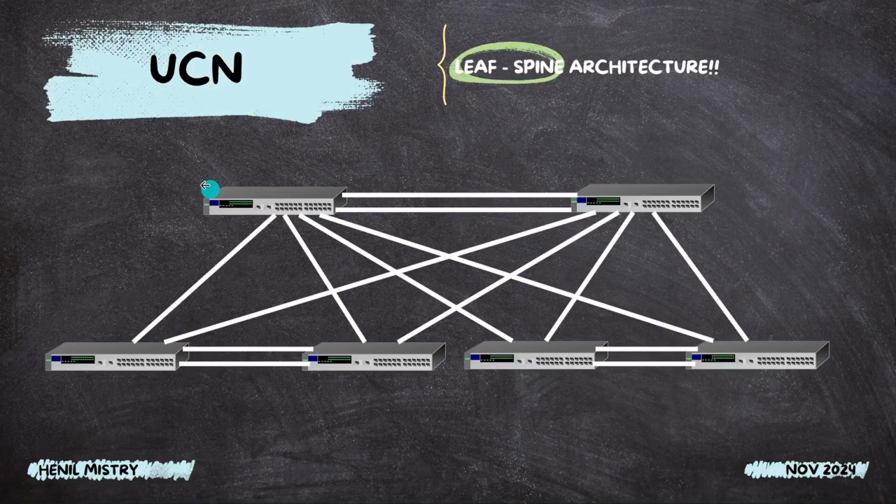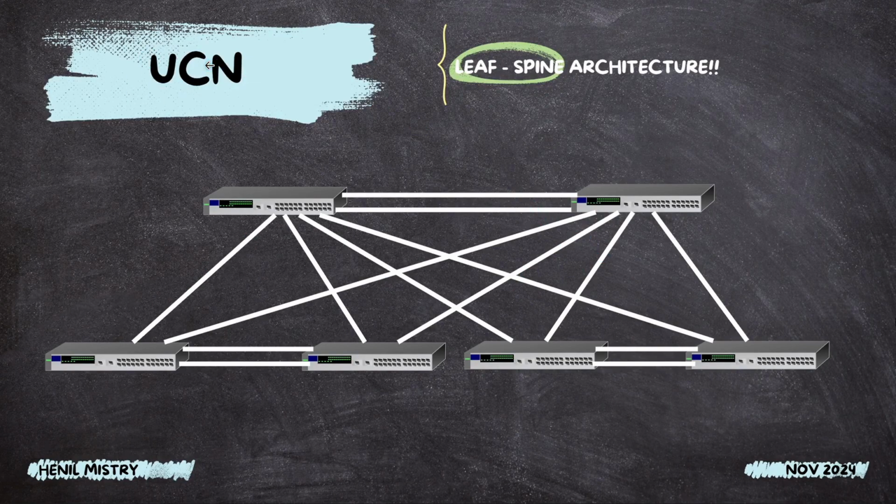First we'll talk about UCN, Universal Cloud Network. Basically that is a leaf spine architecture. Wherever you see this kind of leaf spine architecture, that falls under this category of Universal Cloud Network.